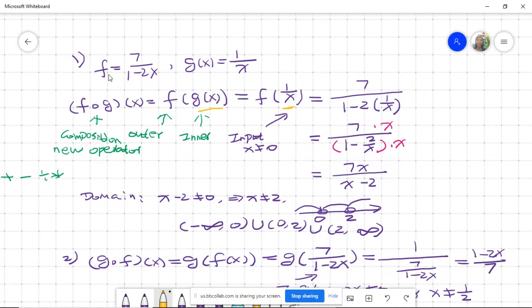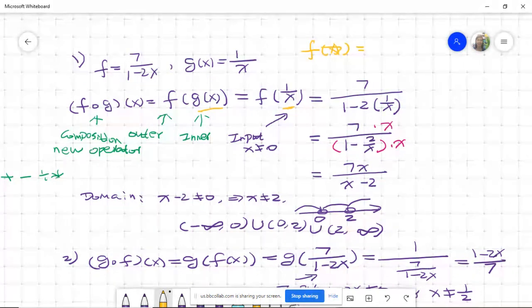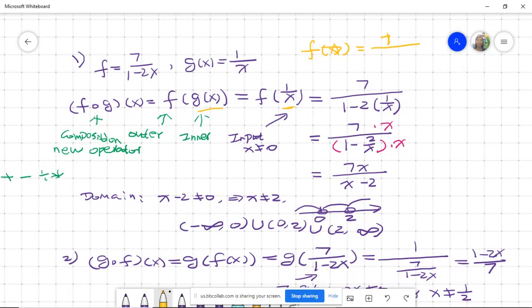Remember this function of f. I like to use a star here. This is 7 over 1 minus 2 times whatever. This x can be replaced by anything inside the parentheses.